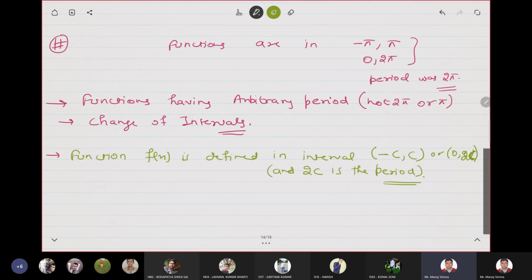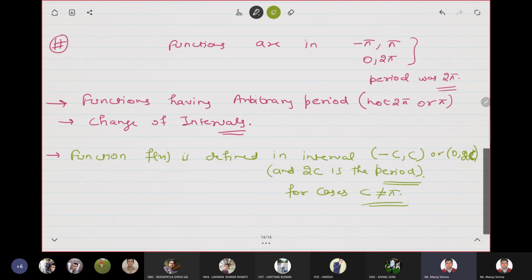If c is equal to pi, then the function is defined in the same intervals, minus pi to pi or 0 to 2 pi. But let's say c is not equal to pi. Then what will be the changes in our Fourier coefficients that we will see?